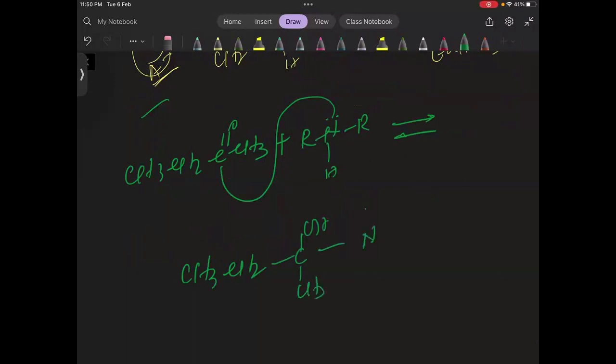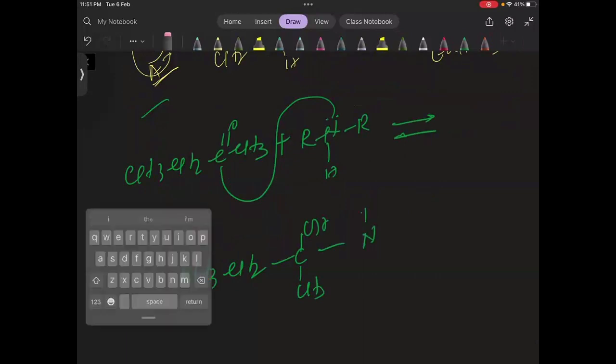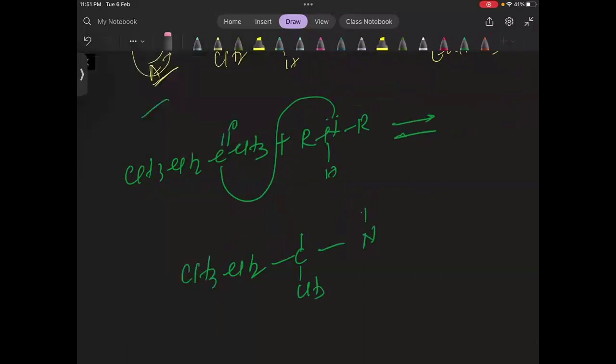I have written directly that the OH is there, O negative, H, R, and then the proton is going to be transferred here.